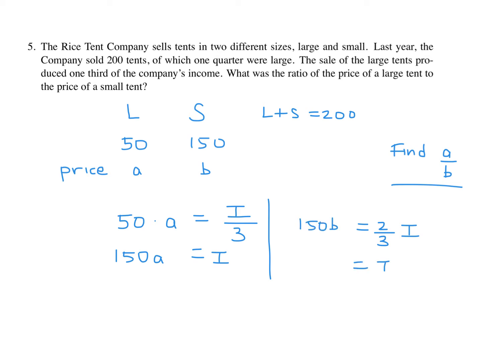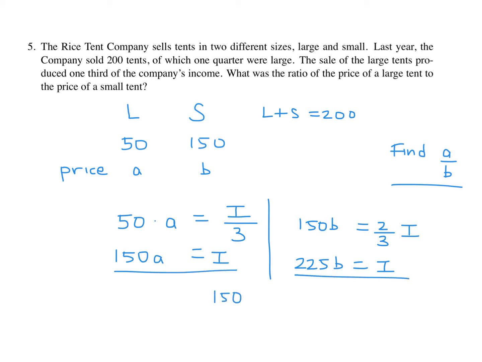So multiplying through, what is that? 450 divided by 2, so 225B, I think. Yeah, 225B. Well, now we can set these equal to each other, these two guys.